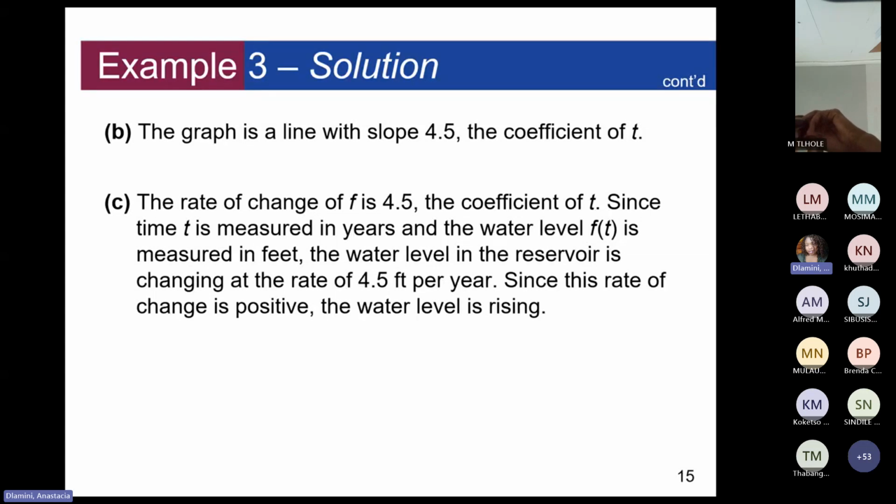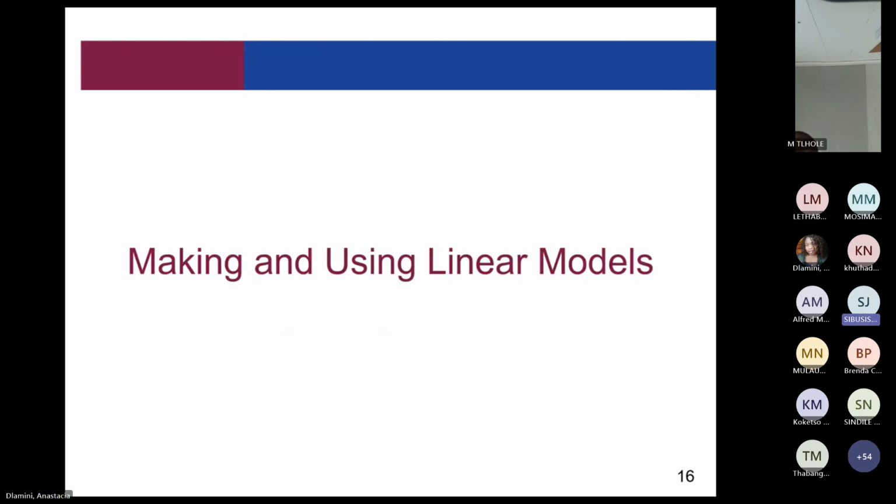So if I give you a statement and say choose the correct one, you'll choose the correct statement. Yes, ma'am. Now they're saying since the rate of change is positive, the water level is rising. That's how we can use the straight line to answer your question.